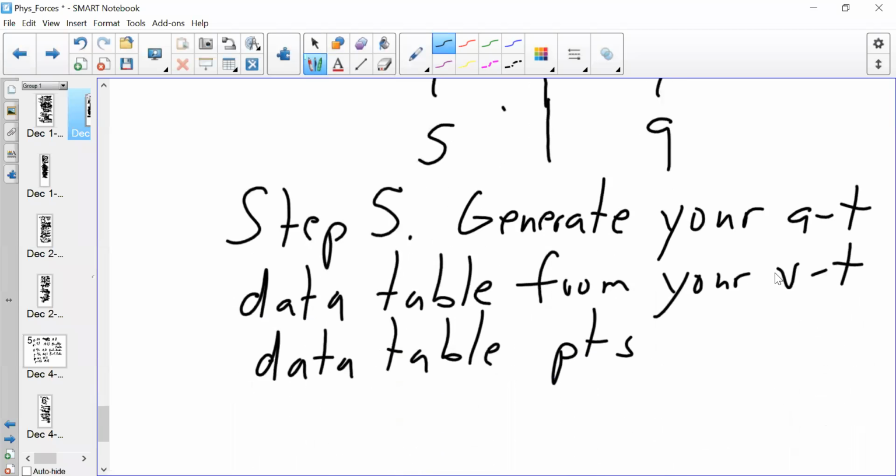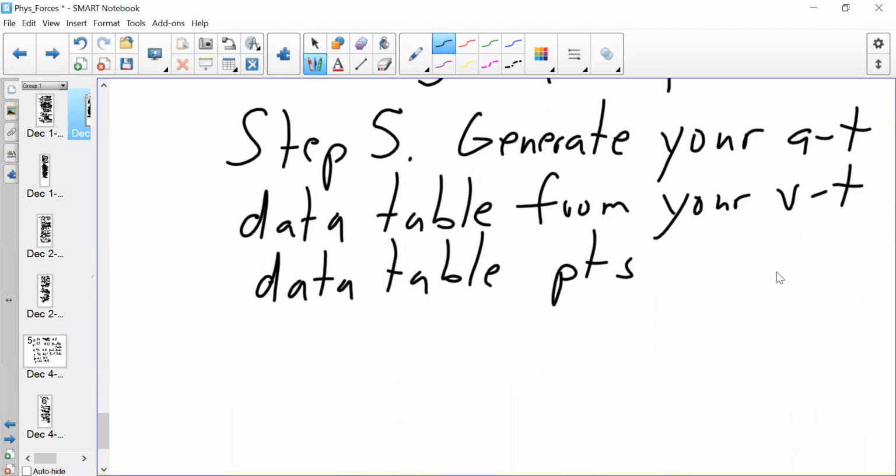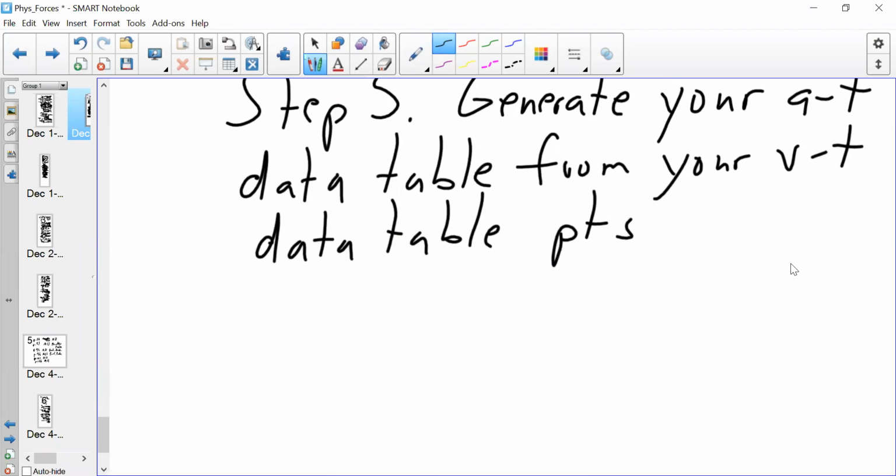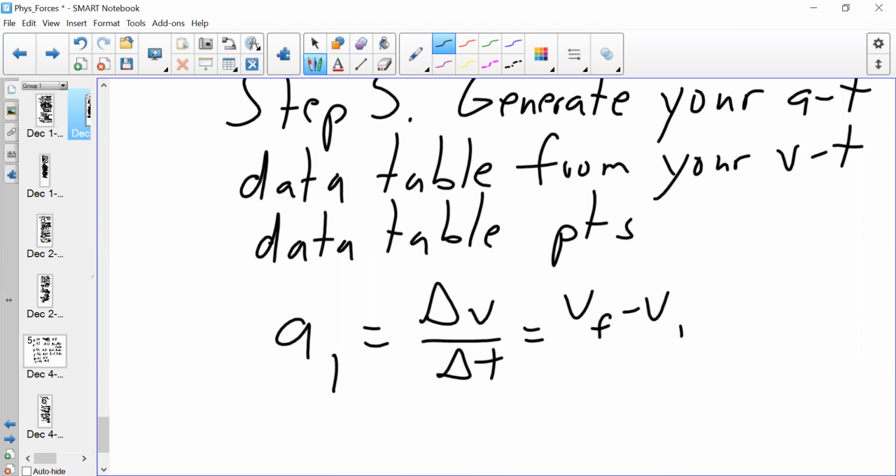Okay. So generate your AT data table from your VT data table points. My first acceleration will be delta V over delta T. And that's from 3 to 1 or 1 to 3, same thing.